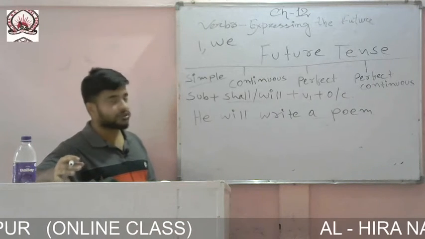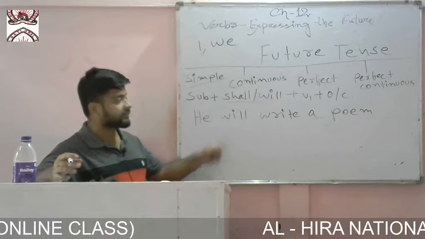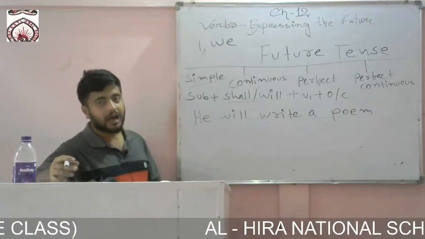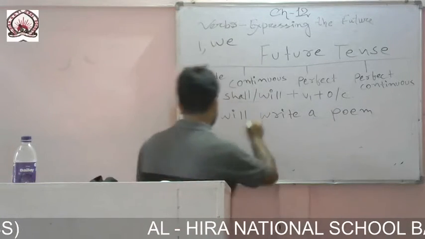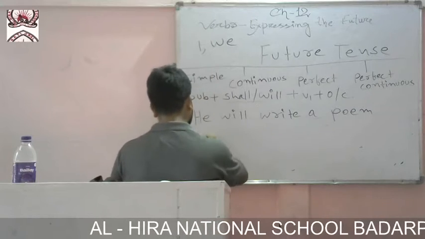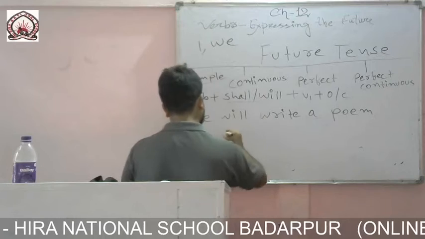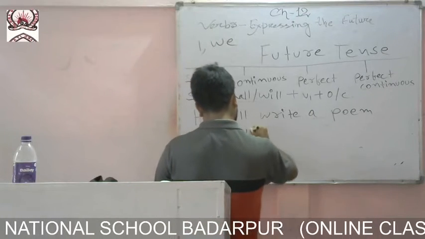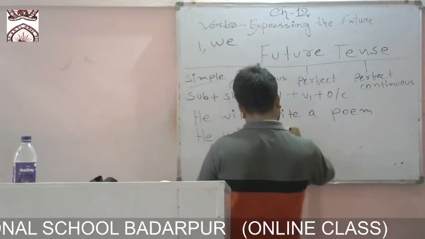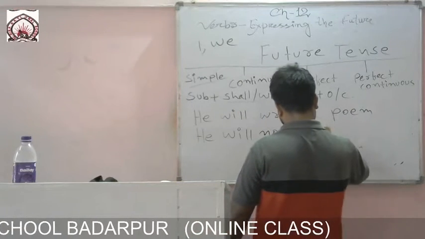Now if I want to change this affirmative sentence into negative, then how I have to change? Very simple. After auxiliary verb we have to put not. He will not write a letter.